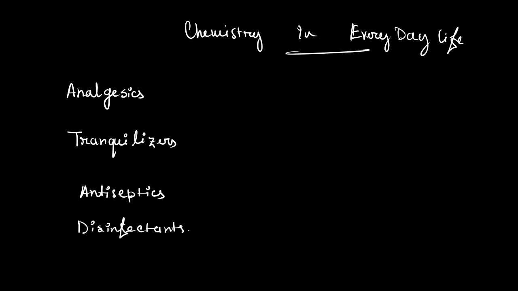First of all, we have a few terms. We have to take the basic idea, in case any conceptual questions or just the name of the particular thing is asked. So according to the syllabus, we have analgesic. What is an analgesic?